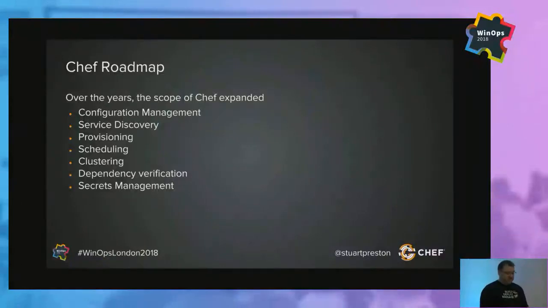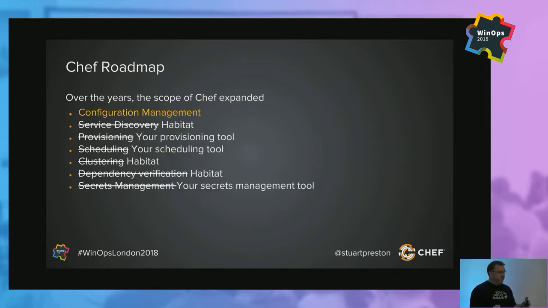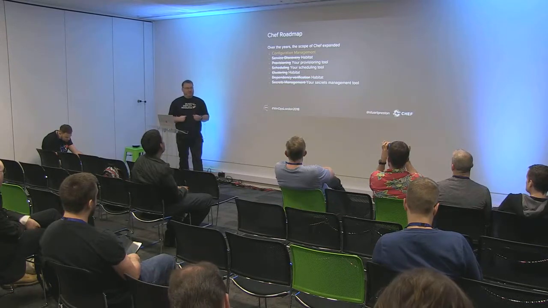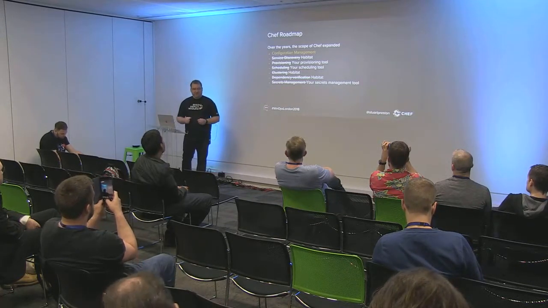We had a tool ourselves called Chef Provisioning at a certain time. There's scheduling that's come along, clustering, dependency verification and secrets management. We added our own tools like Chef Vault, but actually what we're focusing on in Chef's roadmap is configuration management, and we really want people to use Chef for configuration management and only for configuration management.